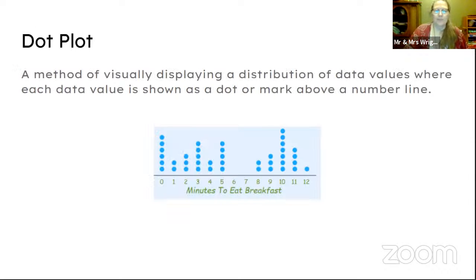These many students take less than 1 minute to eat breakfast. These take 1 minute to eat breakfast. These take 2. So each dot, you could say, represents 1,000 students. In that case, there's 2,000 students that take 1 minute. Or your dot could represent 1 student. So you have to identify what each dot represents, but each dot represents that amount.